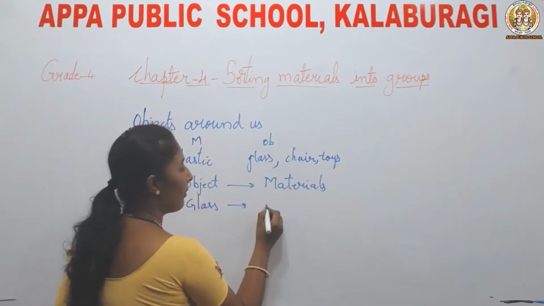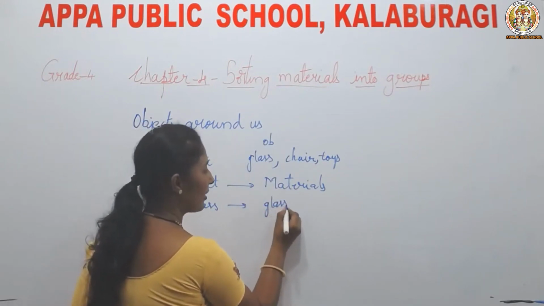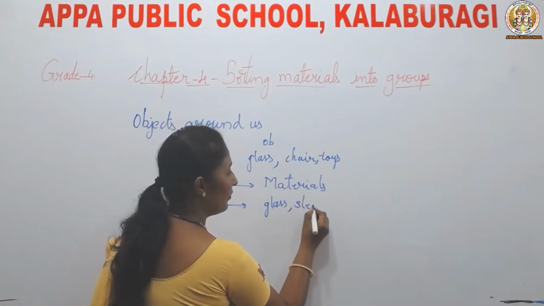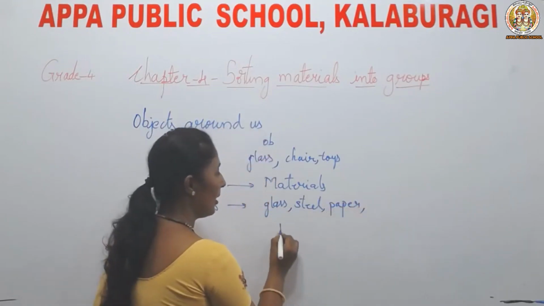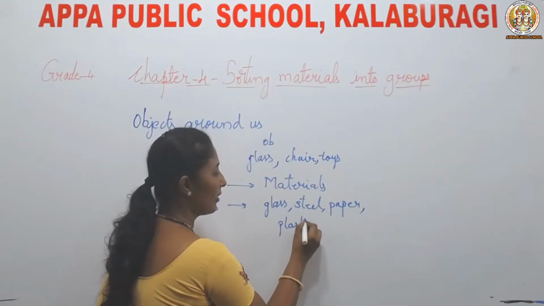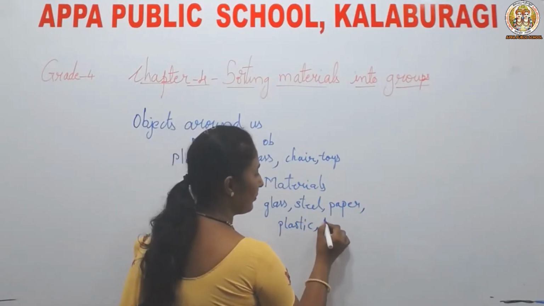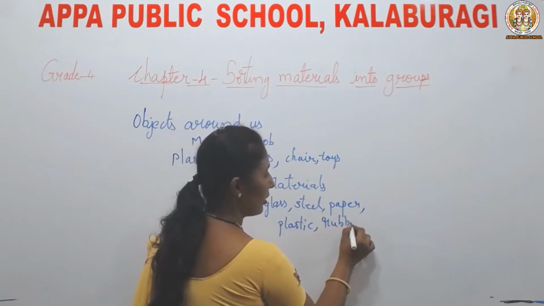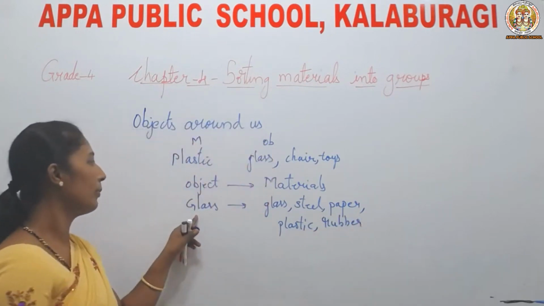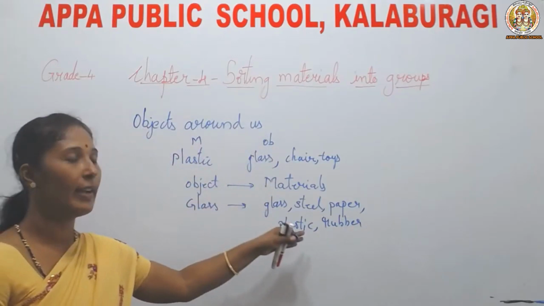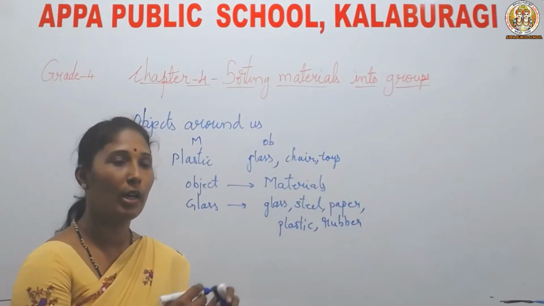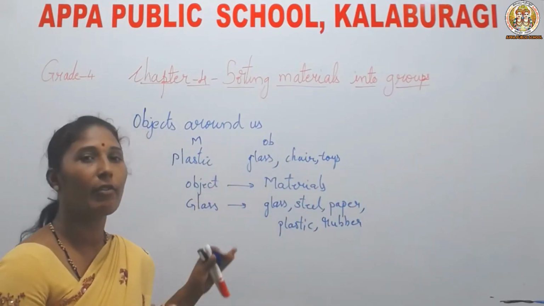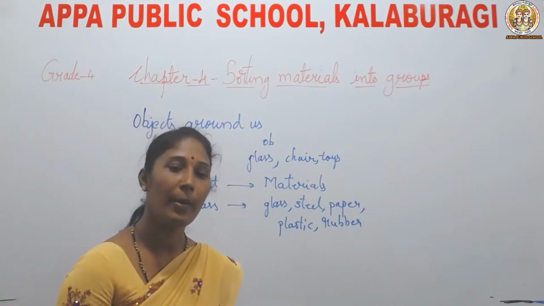A glass can be made from the material glass, from steel, paper, plastic, or rubber. So we can make many objects depending upon this characteristic. We separated the materials into groups.